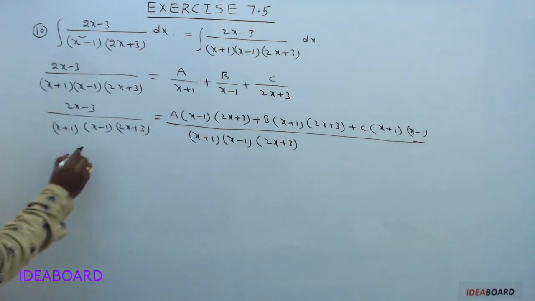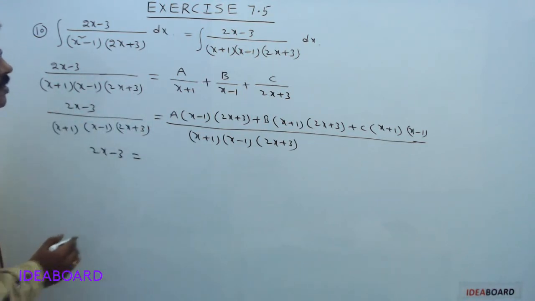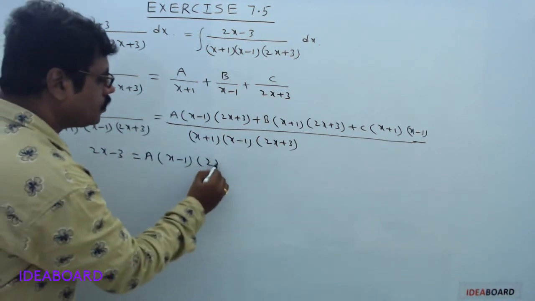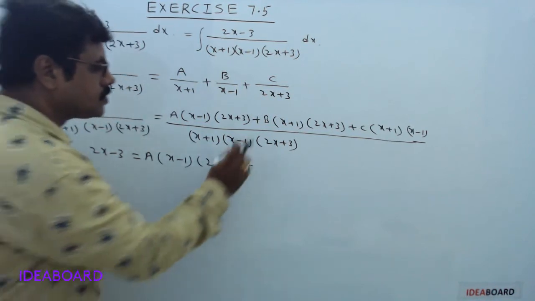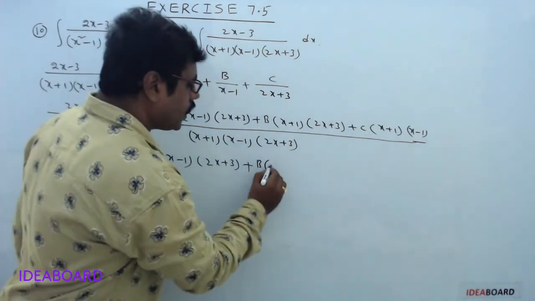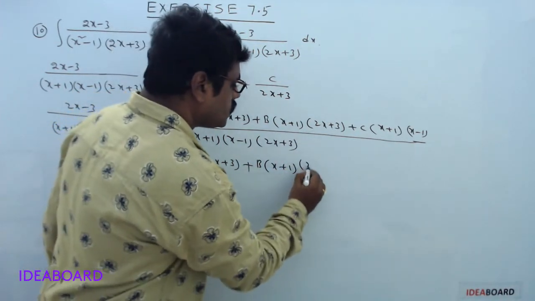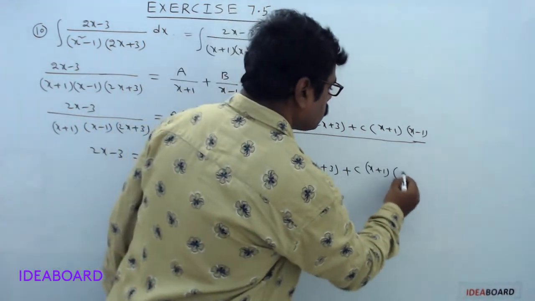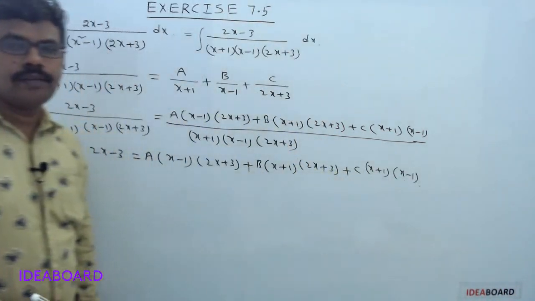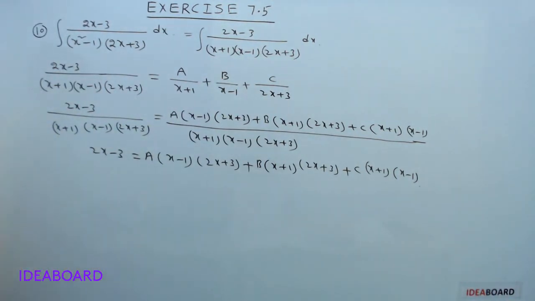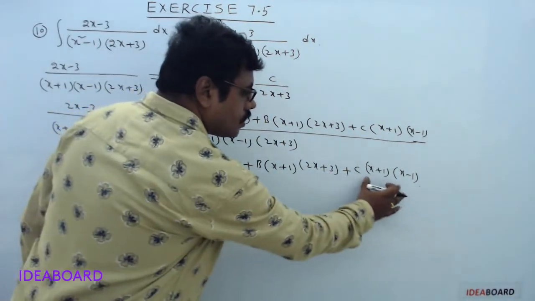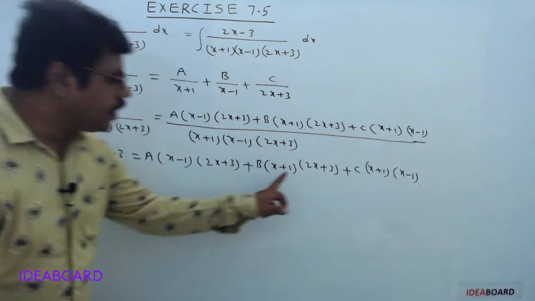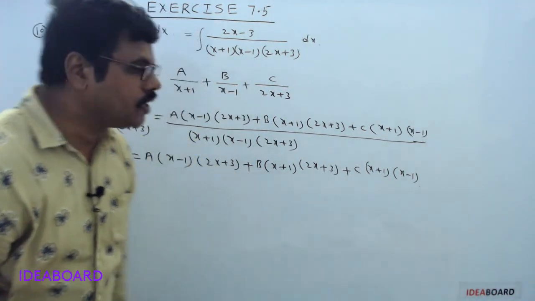Then write down the remaining expression: 2x minus 3 equals a into x minus 1 into 2x plus 3 plus b into x plus 1 into 2x plus 3 plus c into x plus 1 into x minus 1. To find the value of a, make the second and third terms 0 simultaneously.